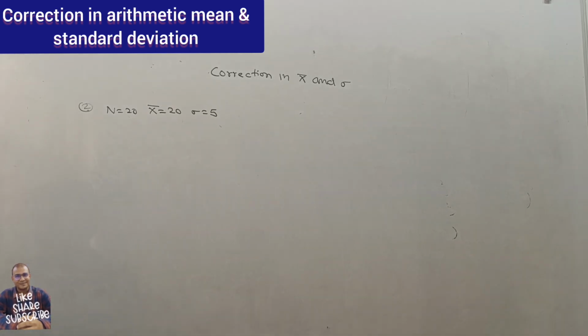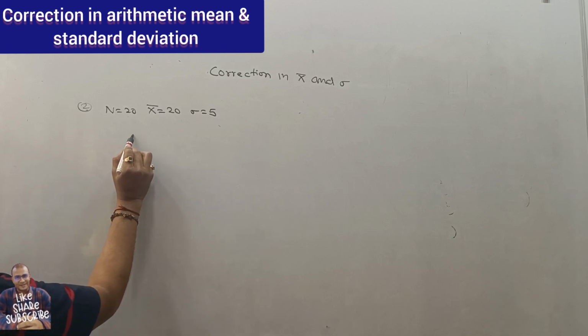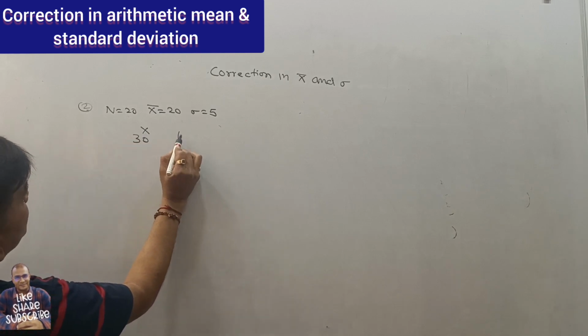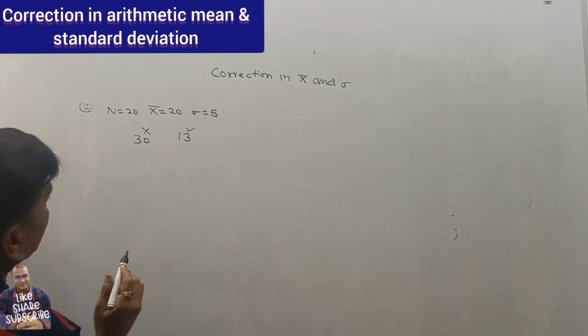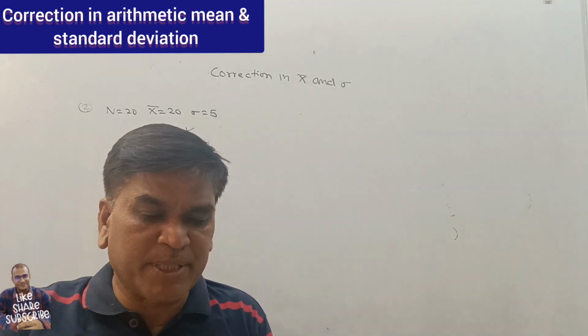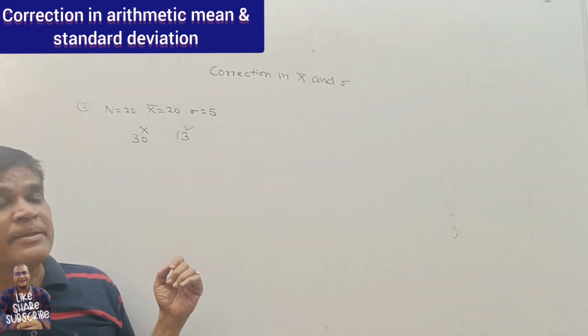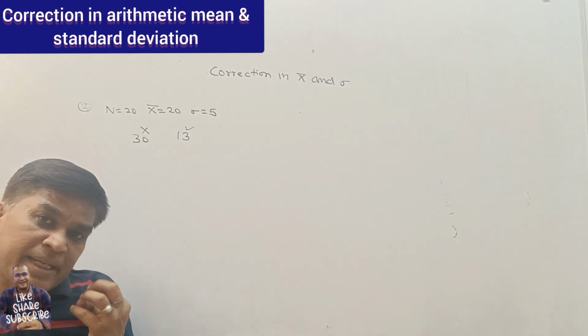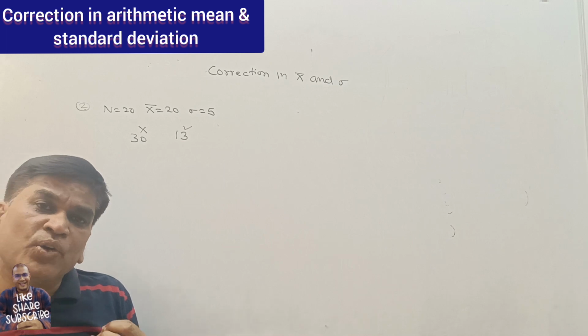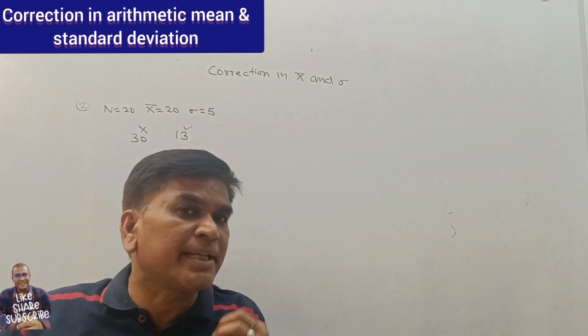At the time of calculating the mean, one item is misread as 30 instead of 13. It means what mistake has been made? One item whose correct value was 13 was wrongly read as 30.